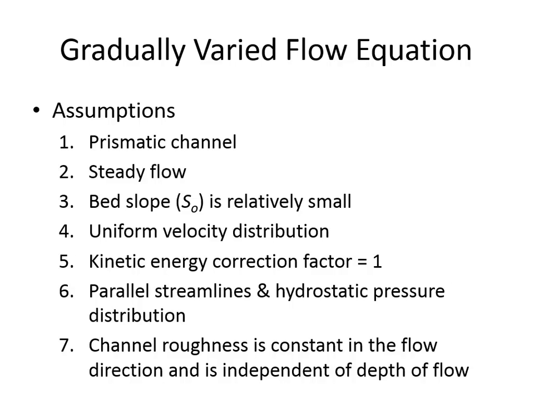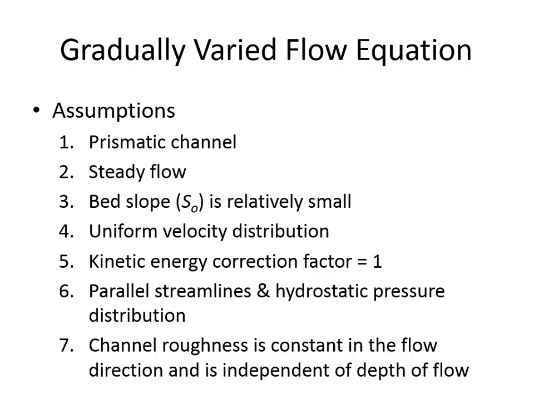And then finally, channel roughness is constant, which means that we are limited to applying these methods that I'm going to teach you to sections where, if we had concrete but then it changes to maybe clay, we would have to go in steps.